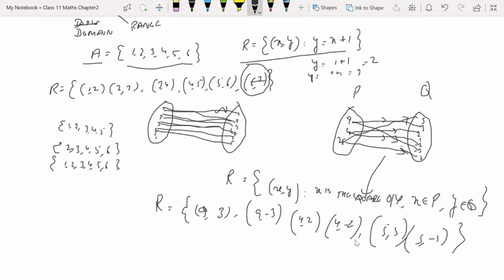What is the domain and range? Domain of the relation is 4, 9, and 25. And the range is minus 2, 2, minus 3, 3, minus 5, 5.